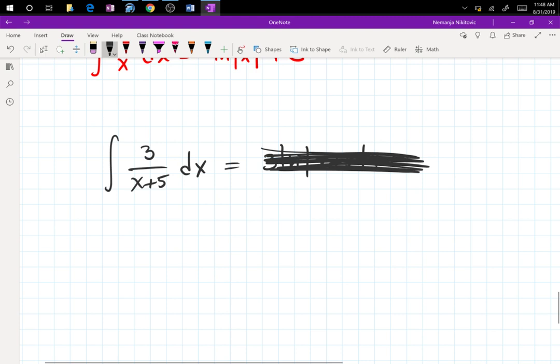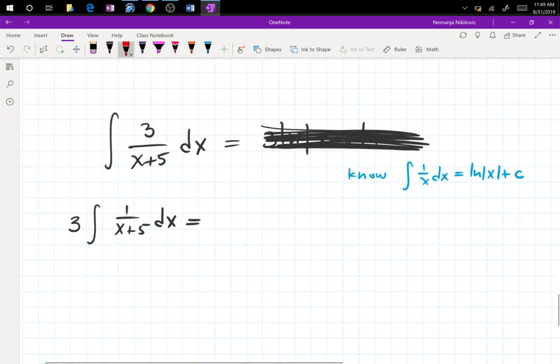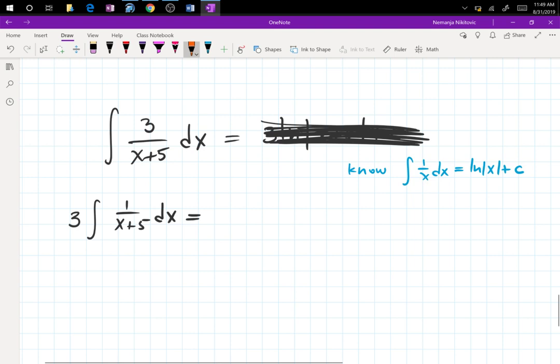You say, what I know is that the integral of 1 over x dx is ln absolute x plus c. You also know that you can kick this 3 in front of the integral. The U substitution usually goes as a conversation with yourself. Those are the first stages.